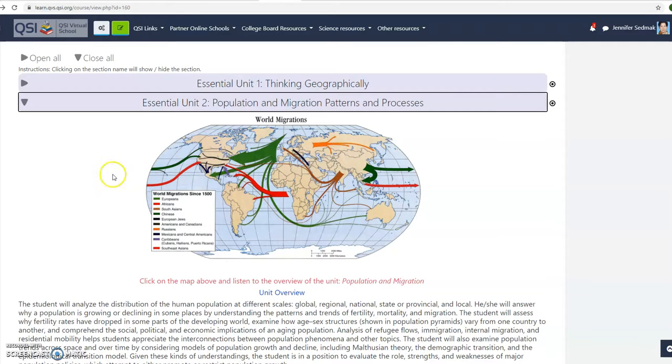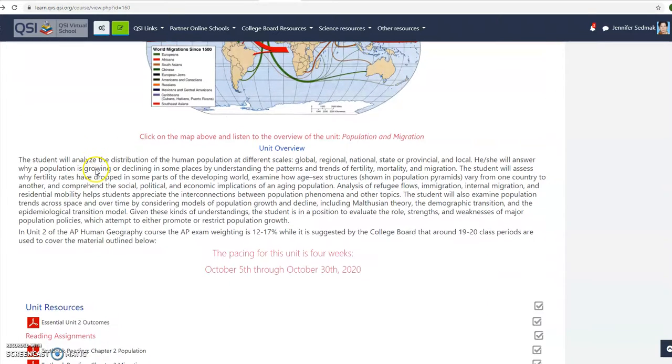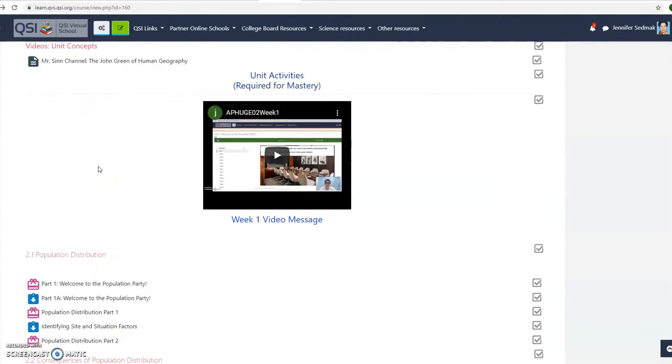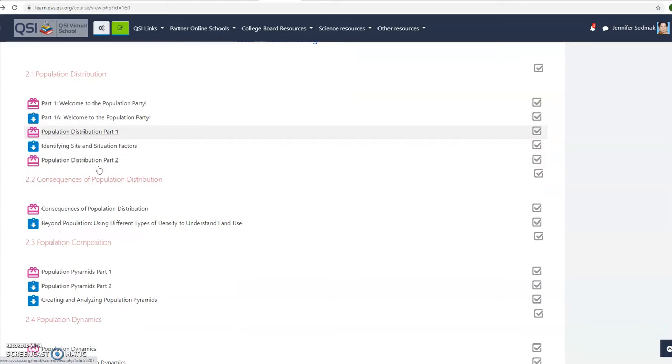I talked last week about the focus, population and migration. However, in the first part of the unit, our focus is purely on population. If you're not done with week 1 activities, they are still here and open for you. In fact, I imagine that a lot of you are still researching your character for our population party.